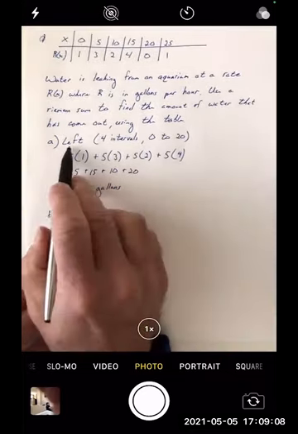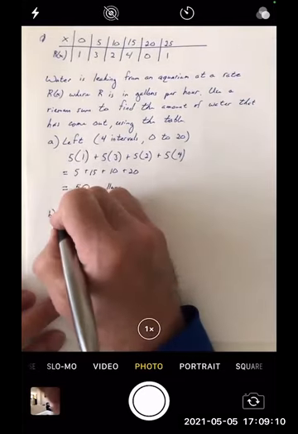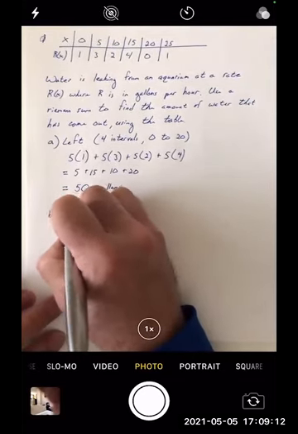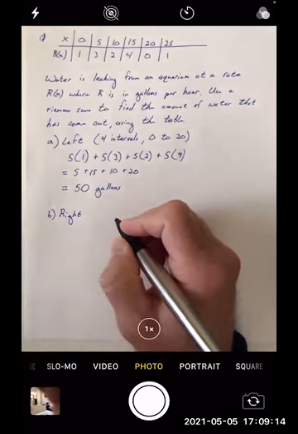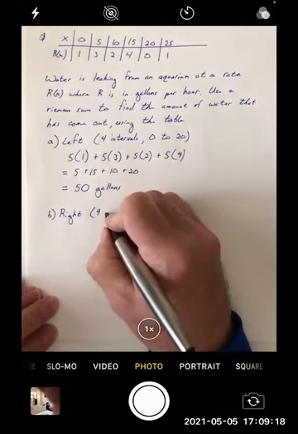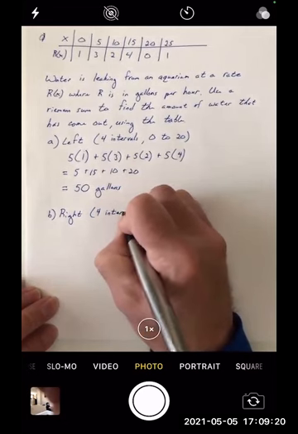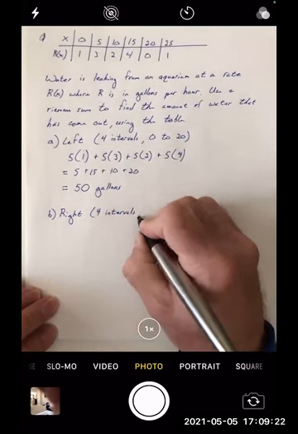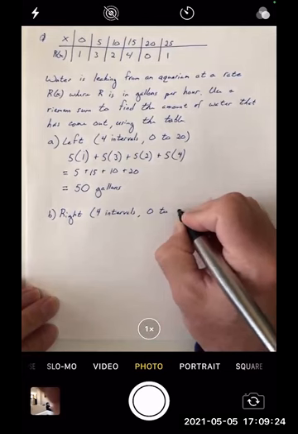All right, so let's switch it from a left to a right. Same thing, 4 intervals, 0 to 20.